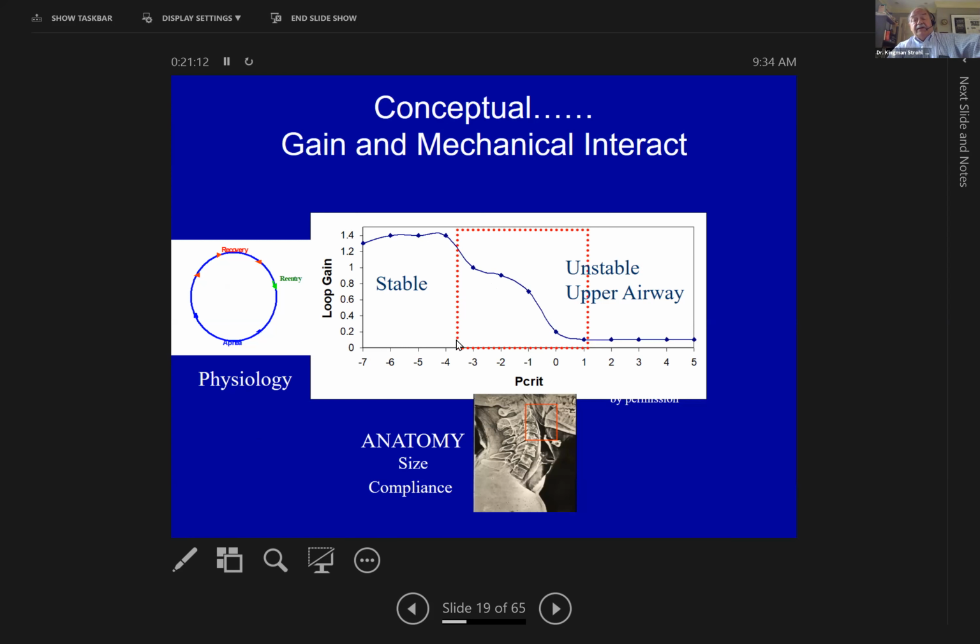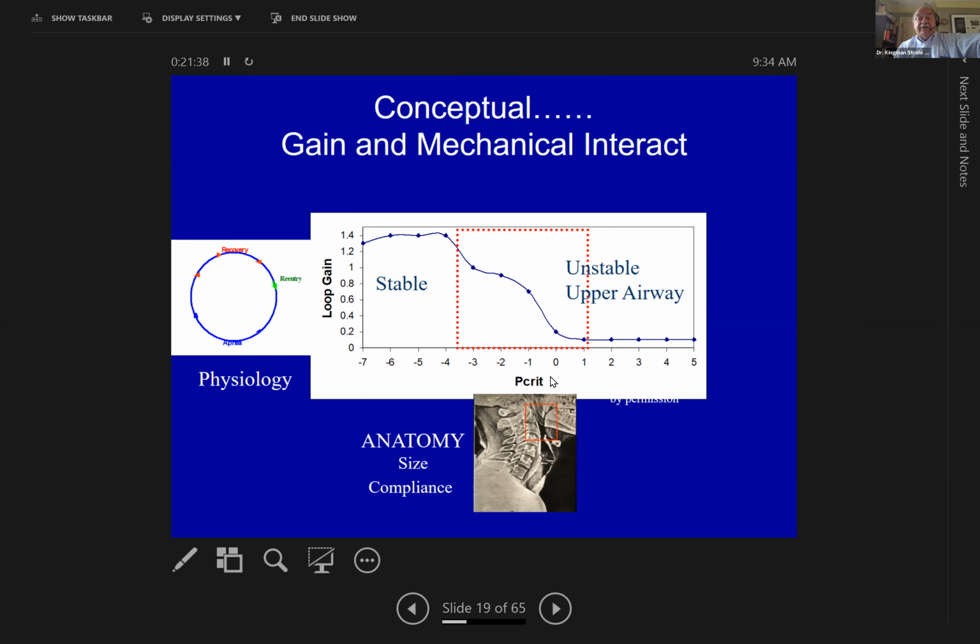And as your P crit gets harder and harder to close, you go from a stable upper airway to an unstable upper airway. As soon as you get up to a P crit of 3, 4, 5, it really doesn't matter to some extent, because your airway will always close when you have a reduction in drive.